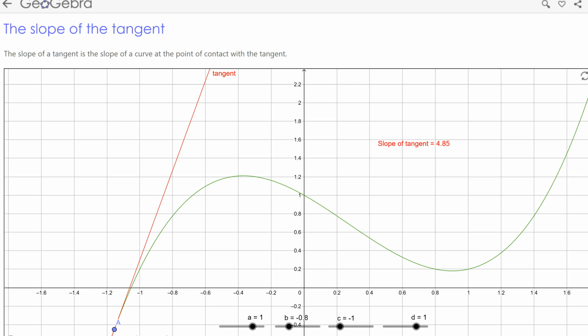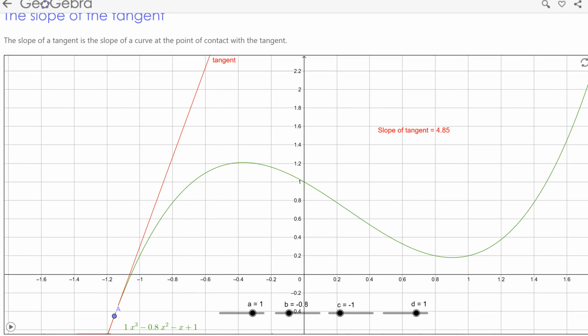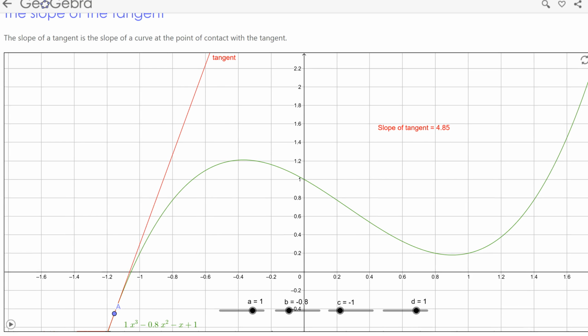Now we'll just have a quick look at this GeoGebra as well. On this GeoGebra, what we're going to see is that the tangent is going to change its position along the curve.